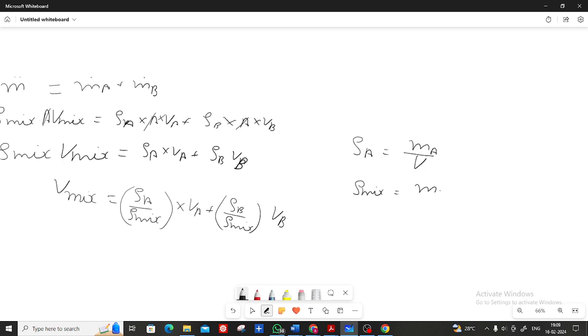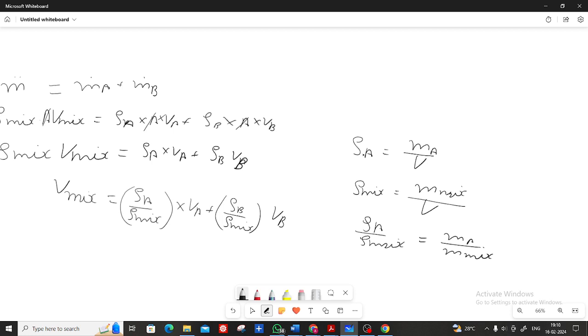Mass of mixture upon total volume V. So density of A upon density of mixture will come as mass of A upon mass of mixture.